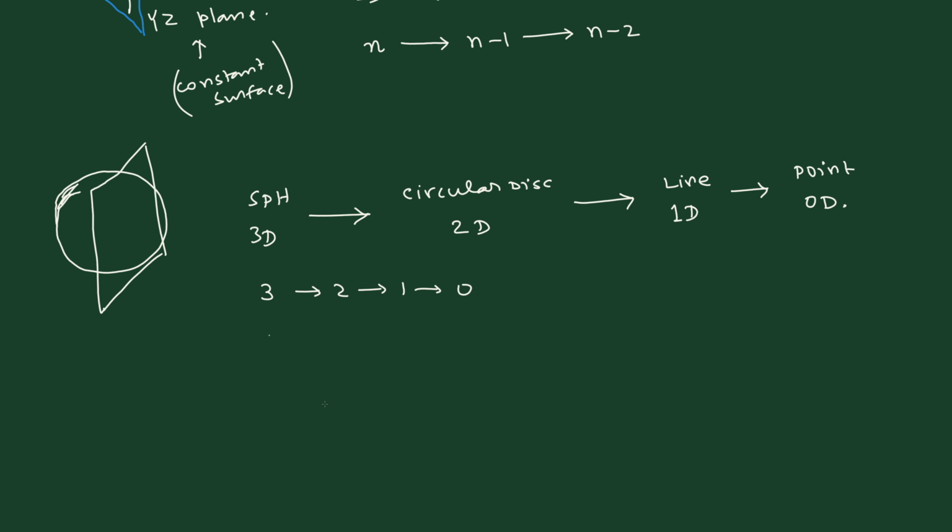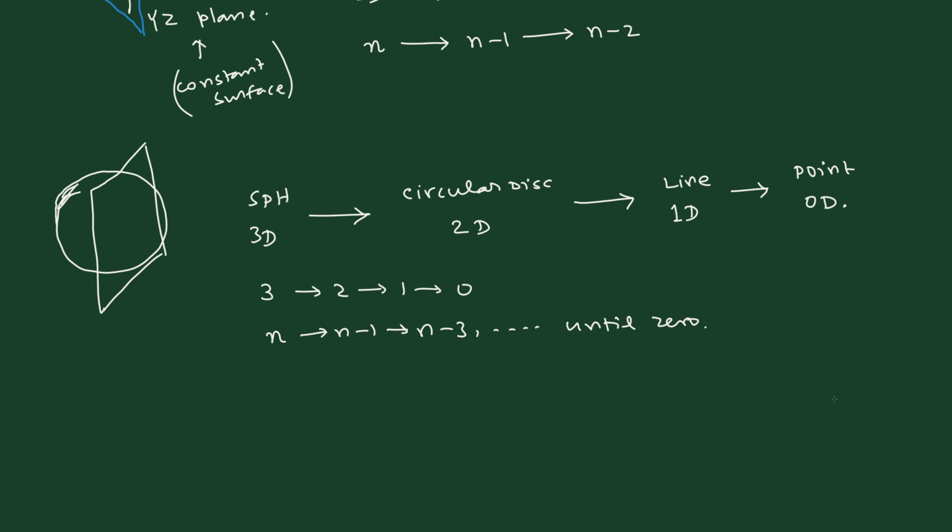So our idea is clear that whenever you start with n as the dimensionality of the system, then n will go to n minus 1, n minus 2, and so on until 0. This will keep on reducing 1 by 1 until it reaches 0.